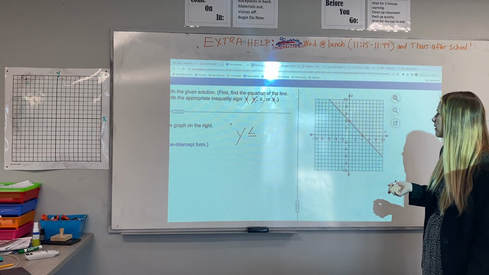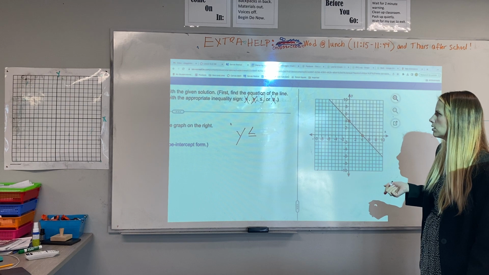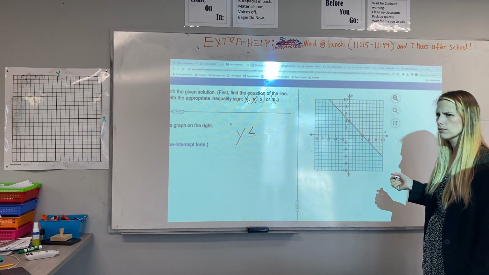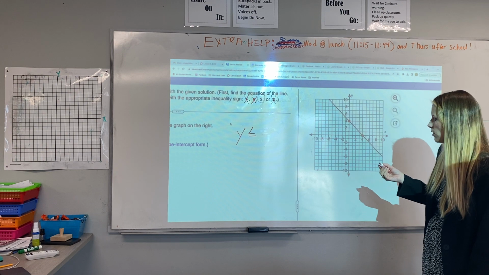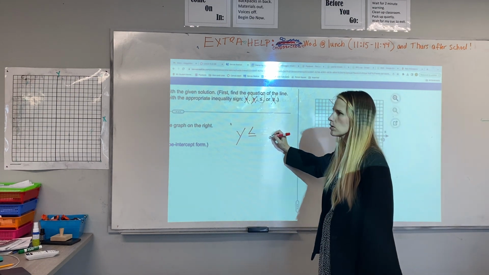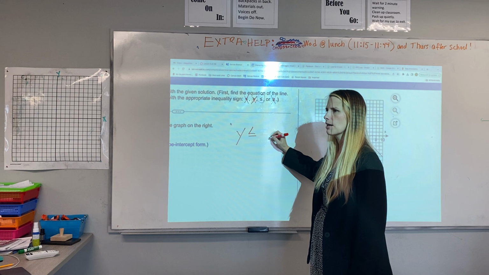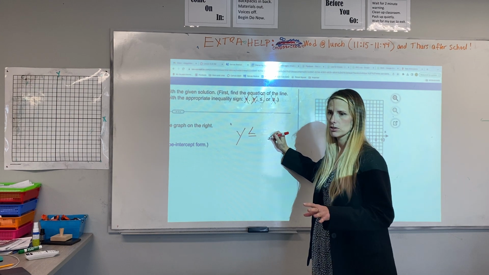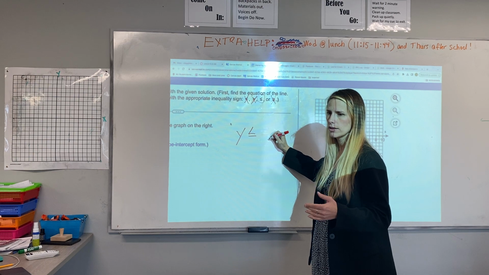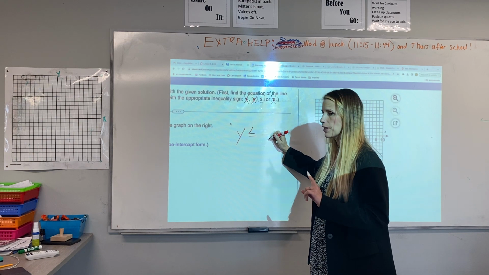X plus your slope. Hold on. So let's give me what slope-intercept form is in variables. Y equals what?